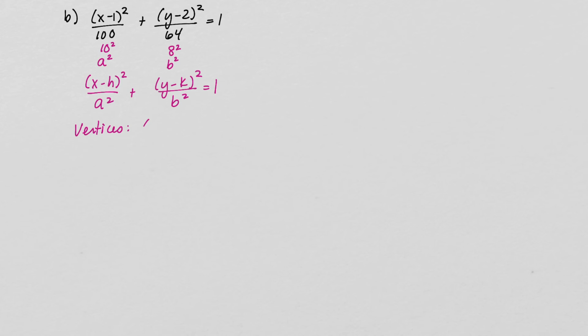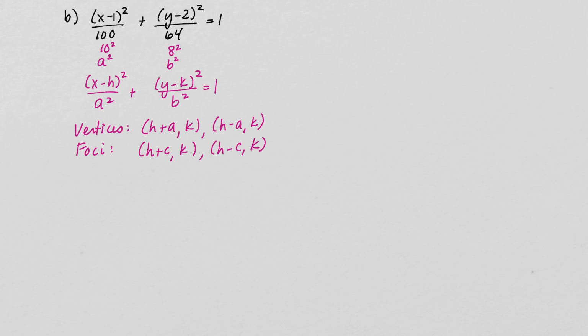So the vertices are (h plus a, k) and (h minus a, k). And the foci are (h plus c, k) and (h minus c, k).